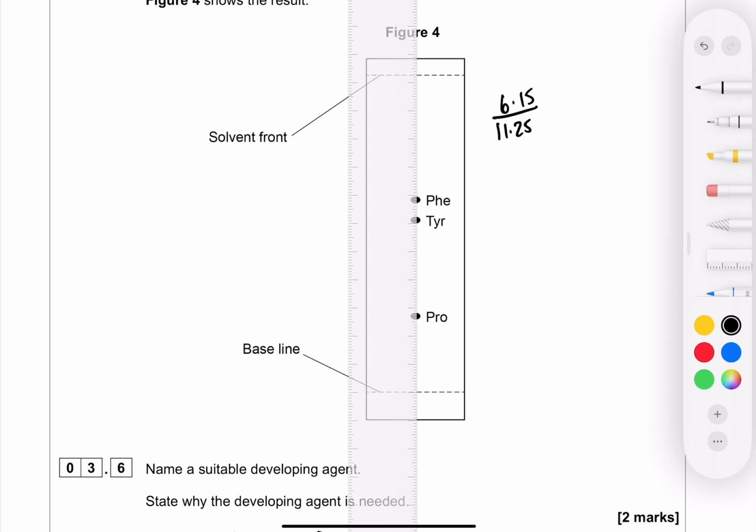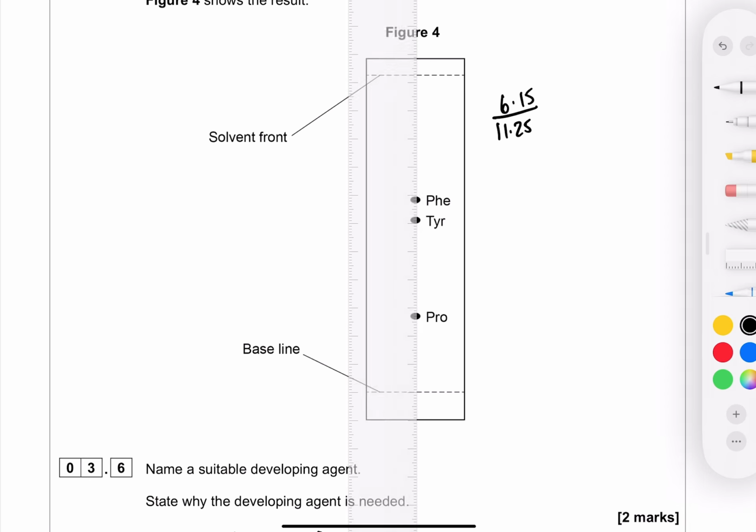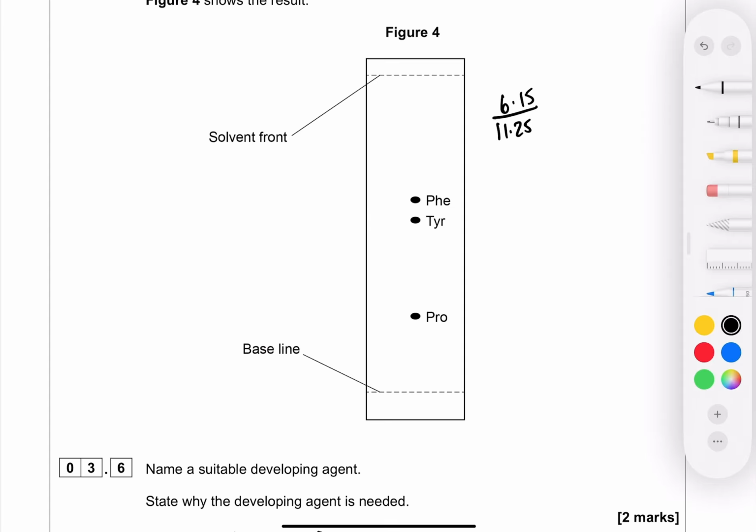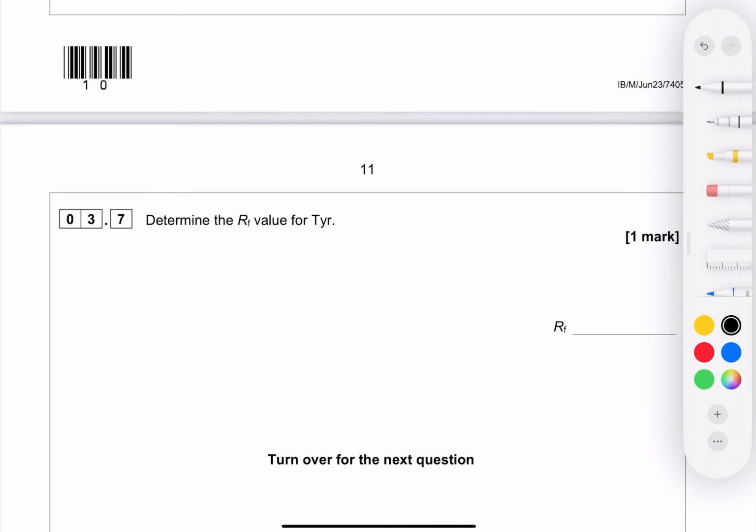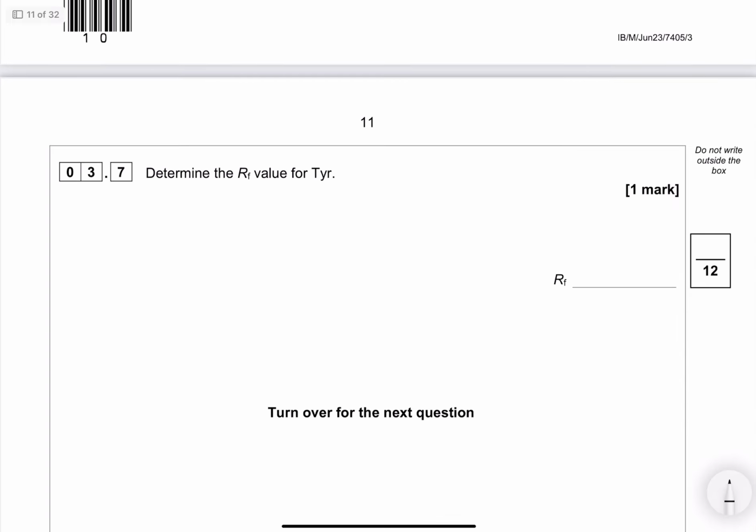Anything within the region of 0.53 to 0.55 was acceptable. Again, it will depend on the measurements that you make, but you should have a value between 0.53 and 0.55. Anything in this range will be acceptable.